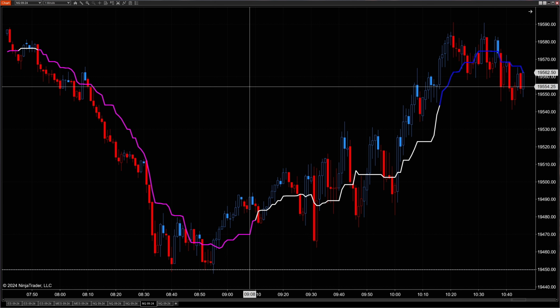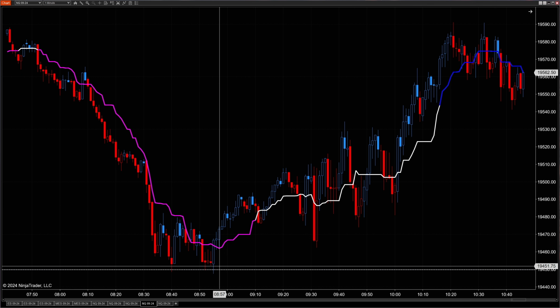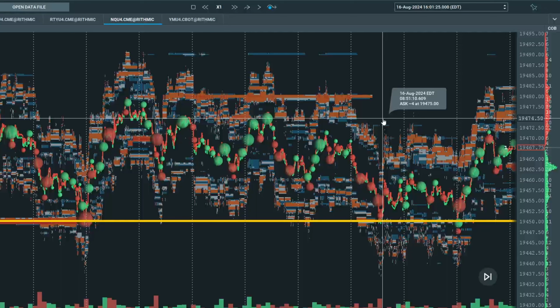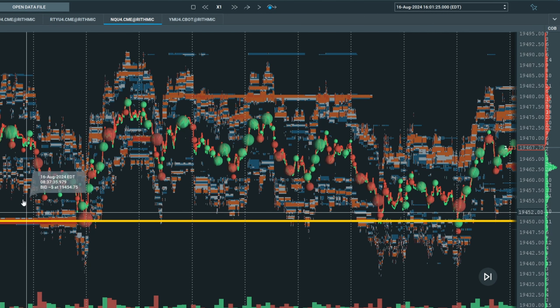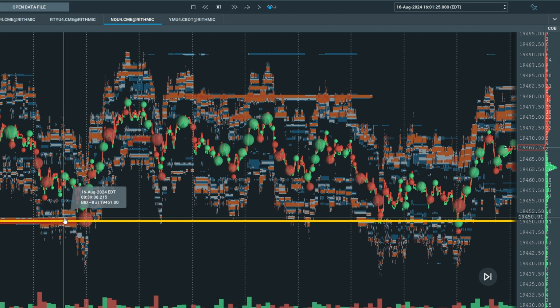But wait, the reason I chose to use this example from Friday was, as I'm recording this video on Saturday, August 17th, I wanted to use the most recent data. So the best way to make sure your stops are not being hunted is, first, make sure you identify the liquidity level.